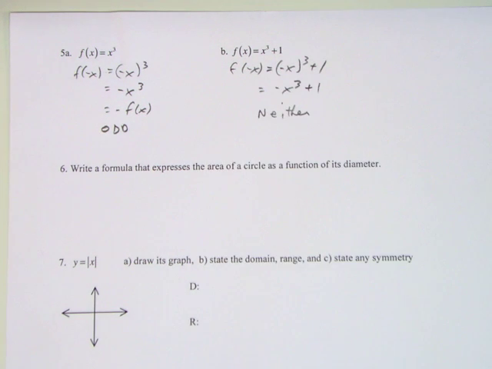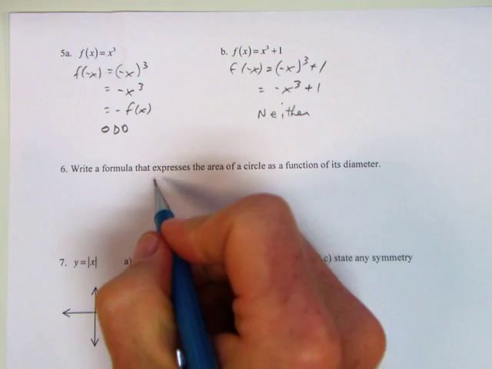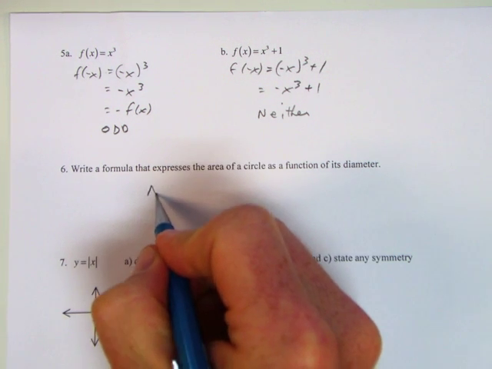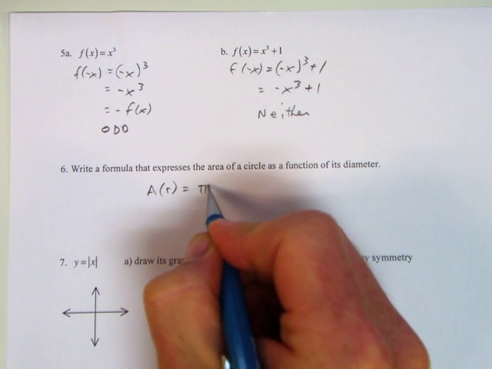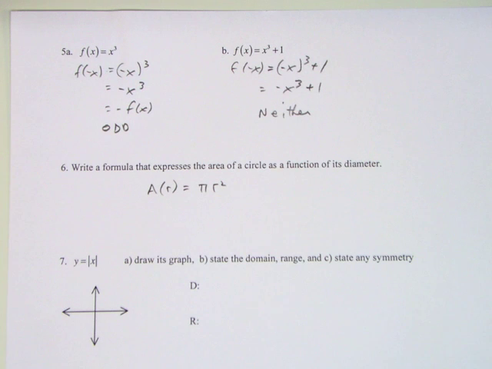Write a formula that expresses the area of a circle as a function of its diameter. Well, how are we going to do this? We can start with, we know the area of a circle is pi r squared. So we have it as a function of its radius, but we don't have it as a function of its diameter.